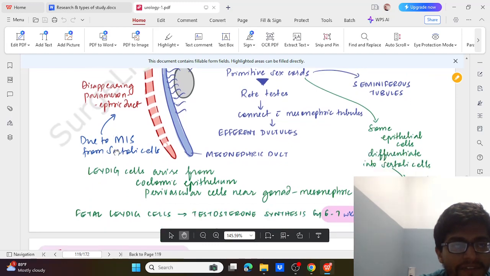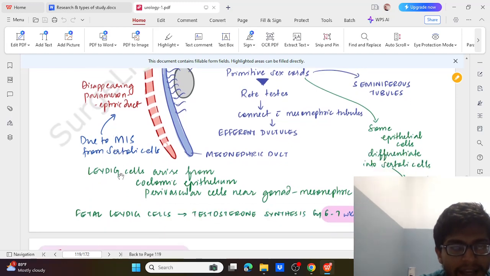And Leydig cells arise from the coelomic epithelium and perivascular cells near the gonad, that is the mesonephric border. These give rise to testosterone.